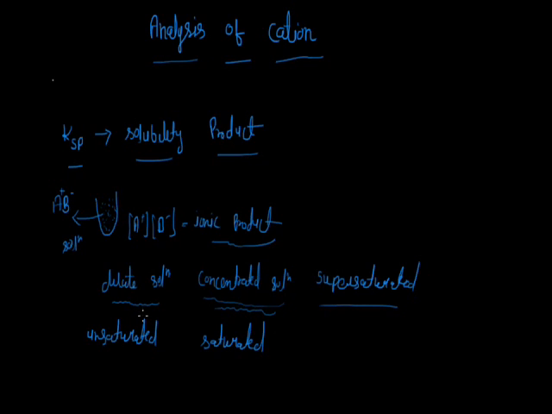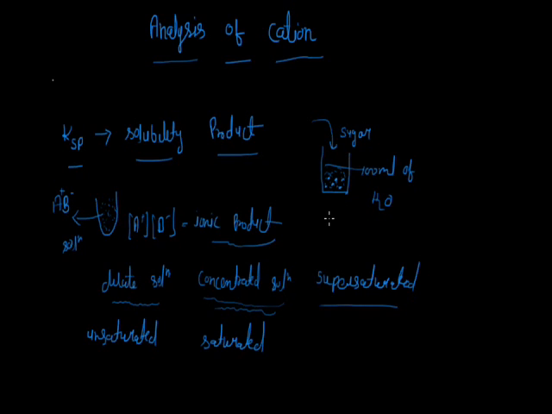Now, these solutions will be explained with the help of a simple example. For example, if we are taking a container having suppose 100 ml of water. Now, in the solution, we are adding sugar. Initially, we are adding a small amount of sugar, and we observe that in the initial state, sugar is easily dissolved in this water.